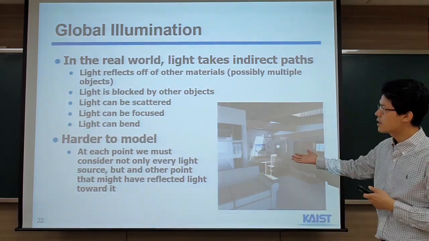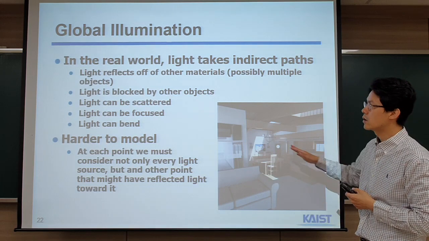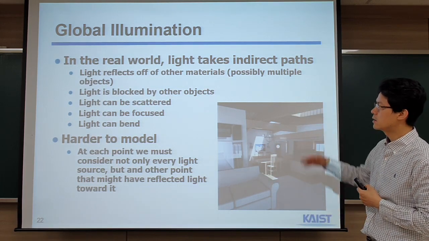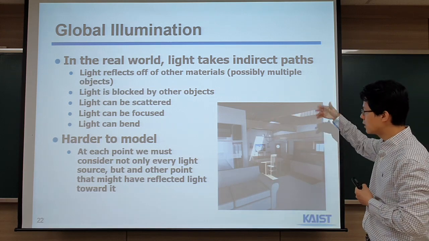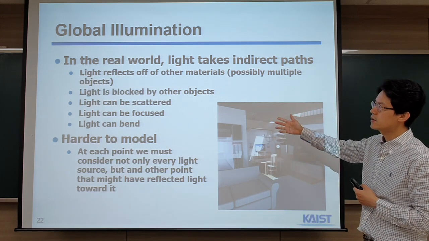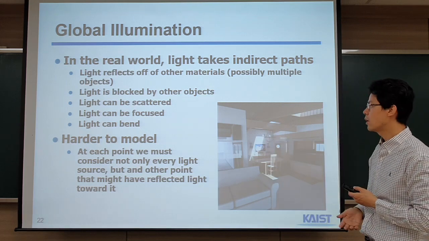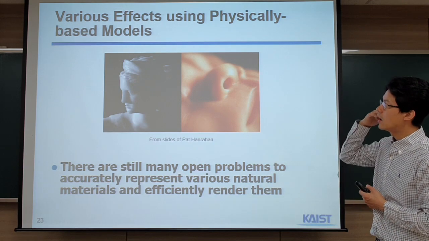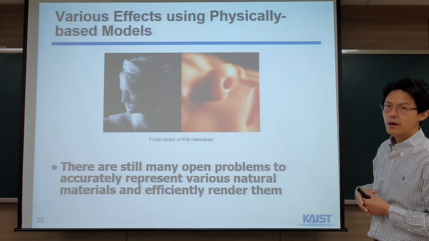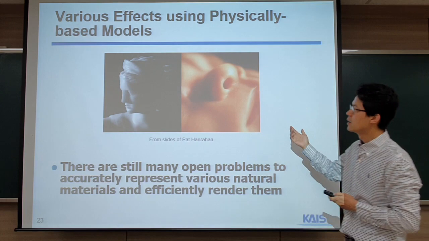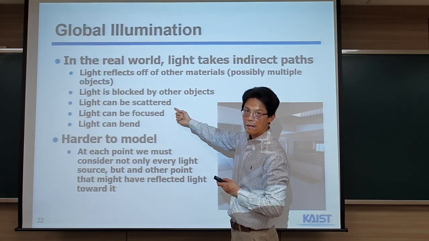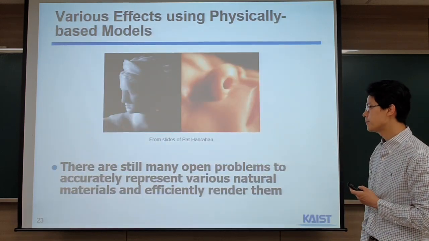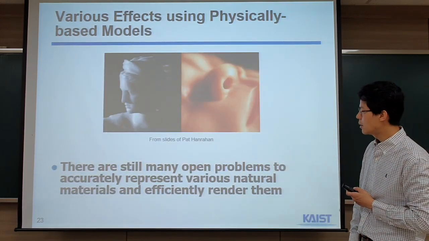In global illumination, there is a lot of research going on. There are already some techniques that support these issues, while they can be very slow. For example, supporting human skin requires a translucent model, where light can be scattered, so we need a way of supporting that. There are still many open problems.